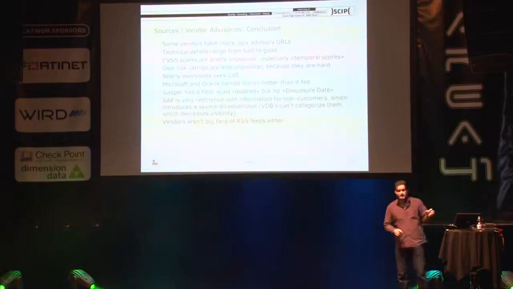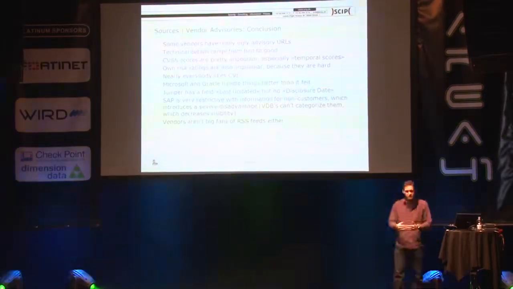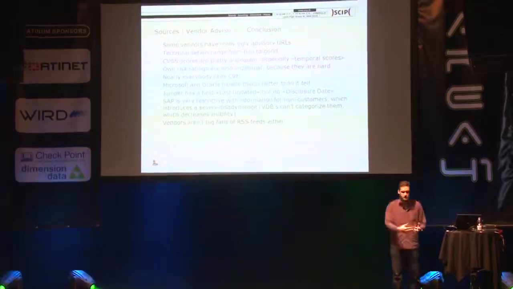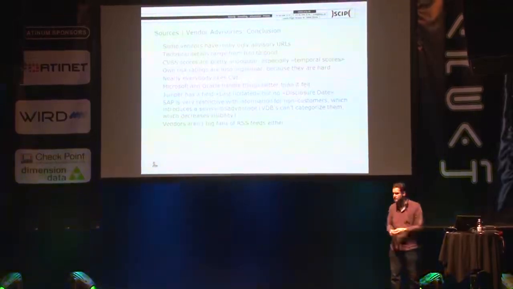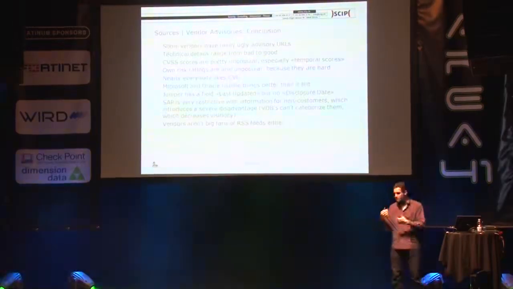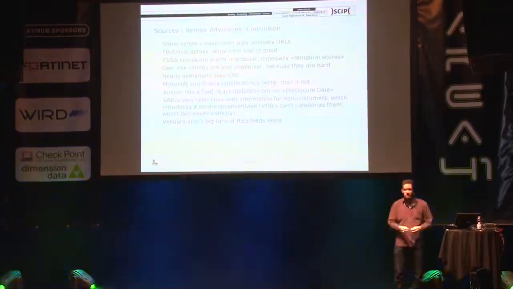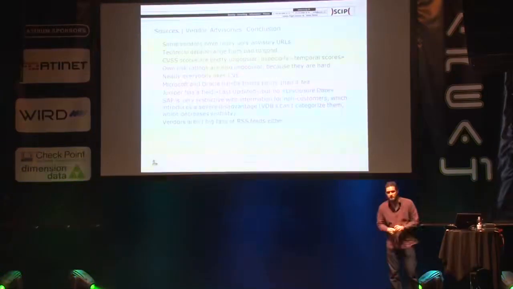SAP is a very good example because they are very, very restrictive when it comes to public information about vulnerabilities in their products. They only provide the vendor advisory information for their customers, and you have to prove that you are a customer, and then you will get a login and be able to access the vendor advisory.